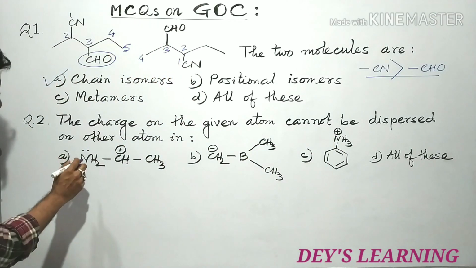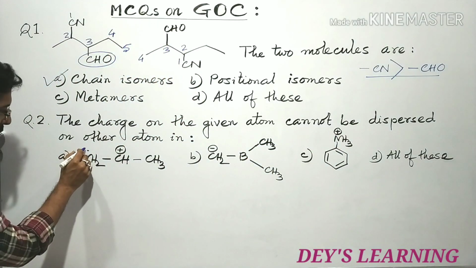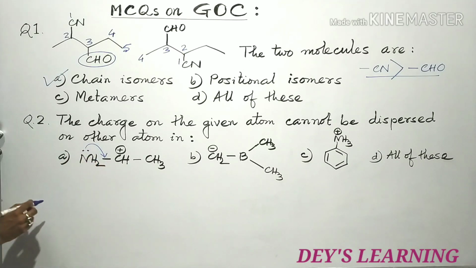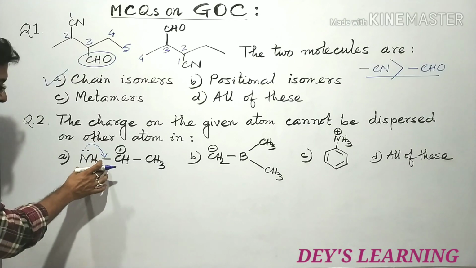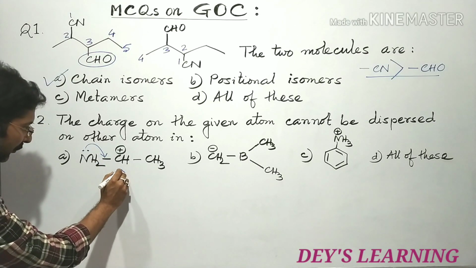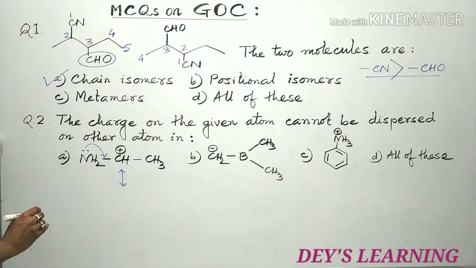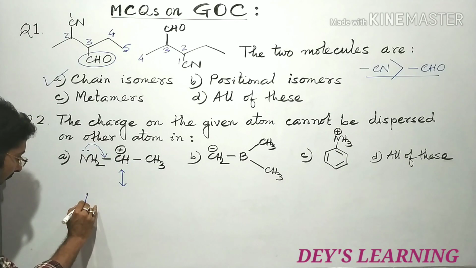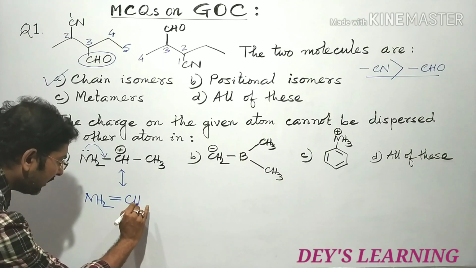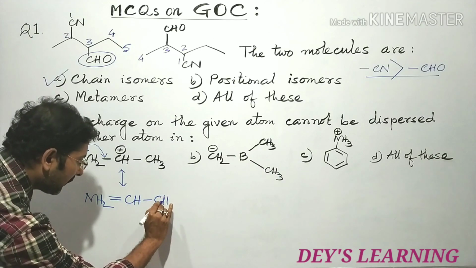So in this compound the lone pair of nitrogen comes down to neutralize the positive charge, so it can have a resonating structure like this, NH2. This is your double bond, this is your CH, this is CH3.